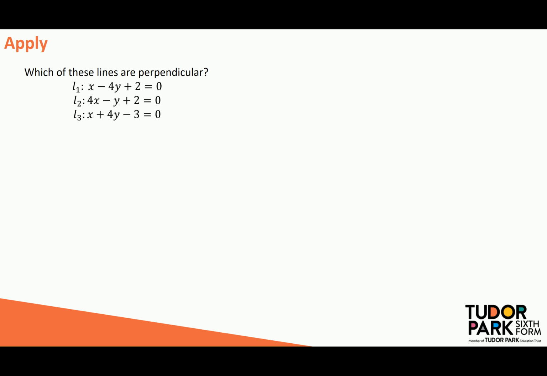So in this case, we want to look at these lines and decide which of them are going to be perpendicular. Well, that's going to require me to rearrange to make y the subject so that I can read the gradients off straight away. So for L1, I would have, let's say, x plus 2 is equal to 4y, or 1/4 x plus a half, simplifying straight away, is equal to y.